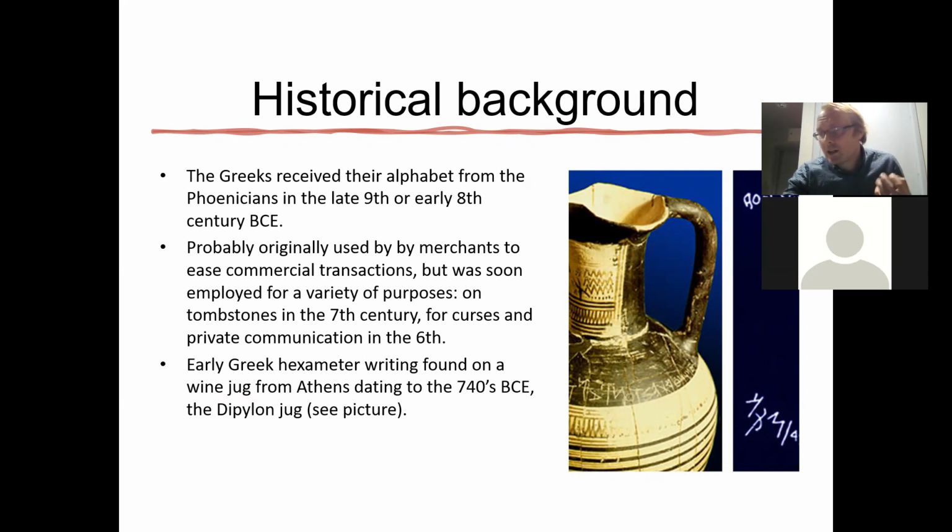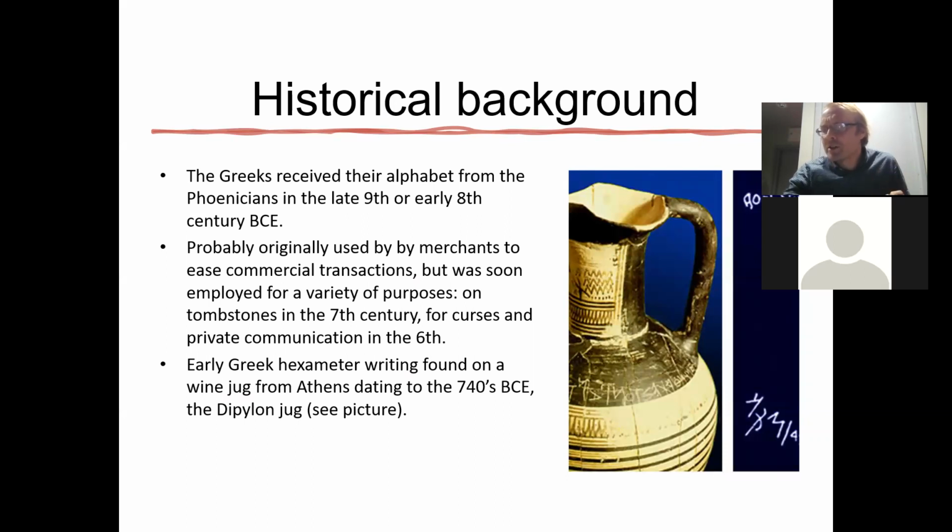It was thus not at all remarkable that the Phoenicians also came into contact with the Greeks, but rather this was unavoidable. And it's also likely that the Greeks originally began to use the Phoenician writing system exactly in order to ease commercial transactions with their eastern neighbors.